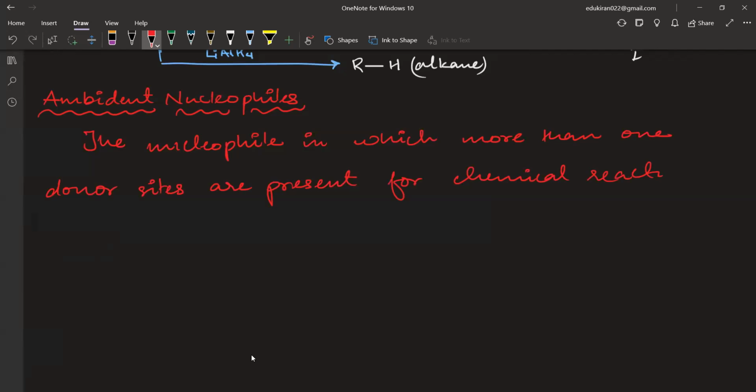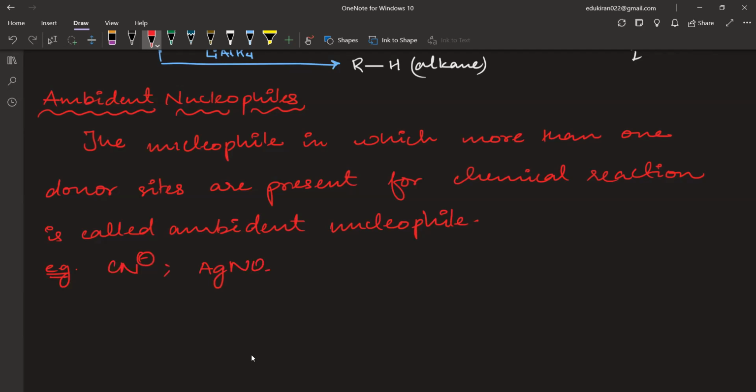That means it should also take part in reaction. For chemical reaction, it's called ambident nucleophile. Examples are, what are the examples? You have CN negative, you have AgNO2. Right, in AgNO2, both oxygen and nitrogen can donate the electrons. These are some examples of ambidentate nucleophile.